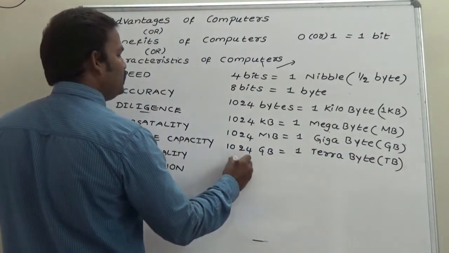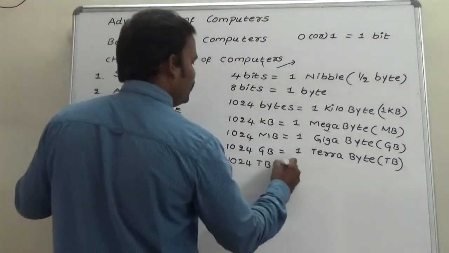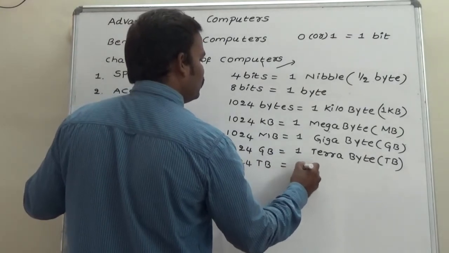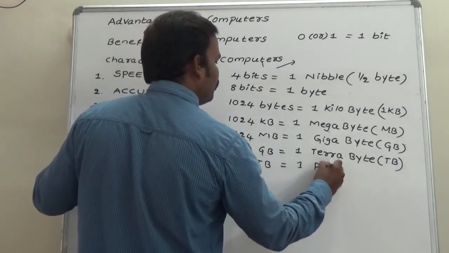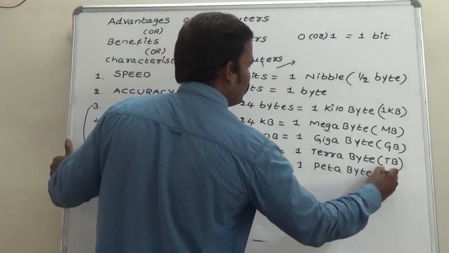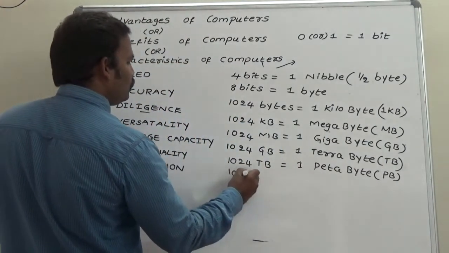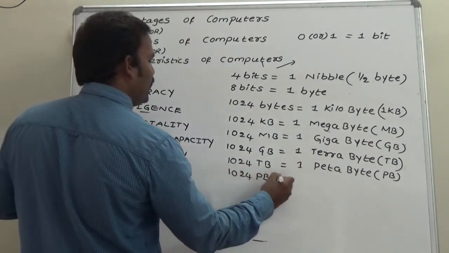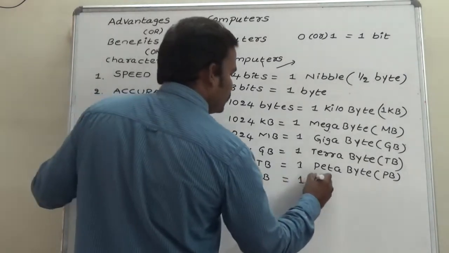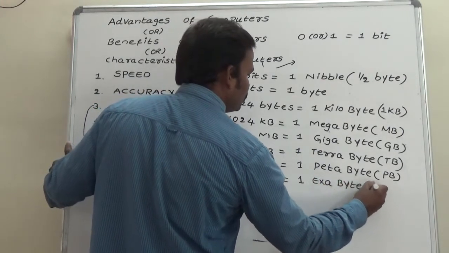Next, 1024 TB, terabytes, is equal to 1 petabyte. PB. Next, 1024 petabytes is equal to 1 exabyte. 1 exabyte, EB.